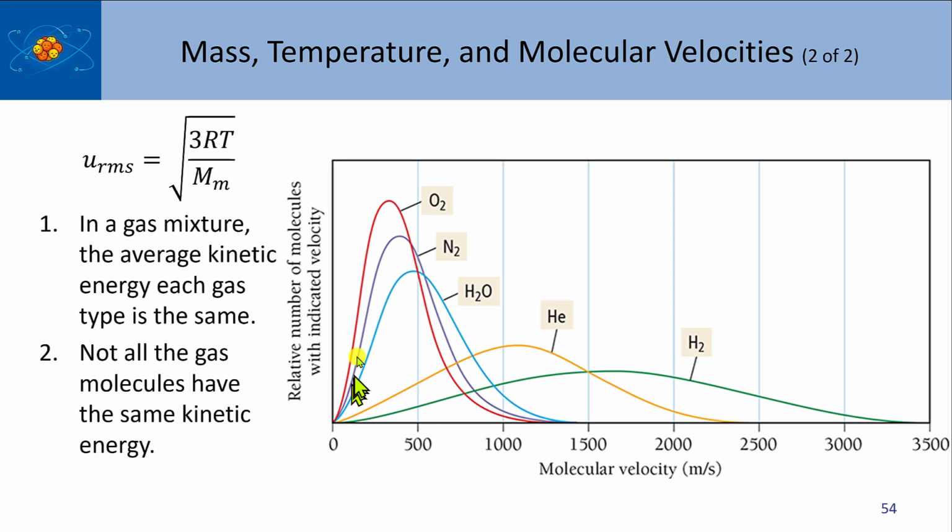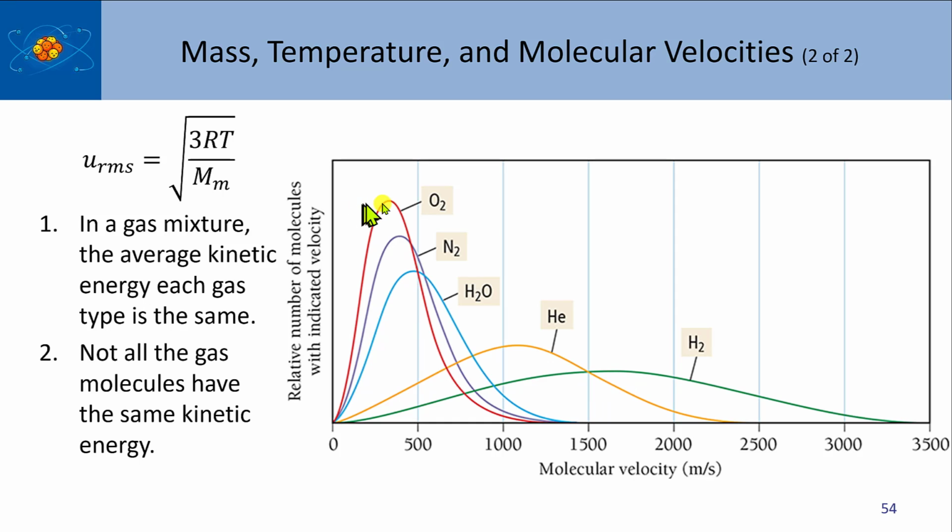Oxygen has a lot of molecules down here on the graph. It peaks around 300 meters per second roughly. And then there's hydrogen, H2 gas, which is peaking right around 1900 meters per second.